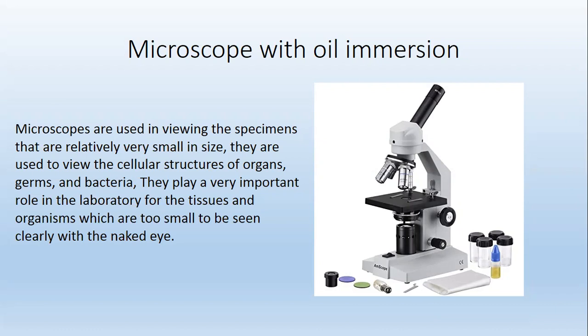They are used to view the cellular structures of organs, germs, and bacteria. They play a very important role in the laboratory for the tissue and organisms which are too small to see clearly with the naked eye. This is a diagram, an image of microscope.